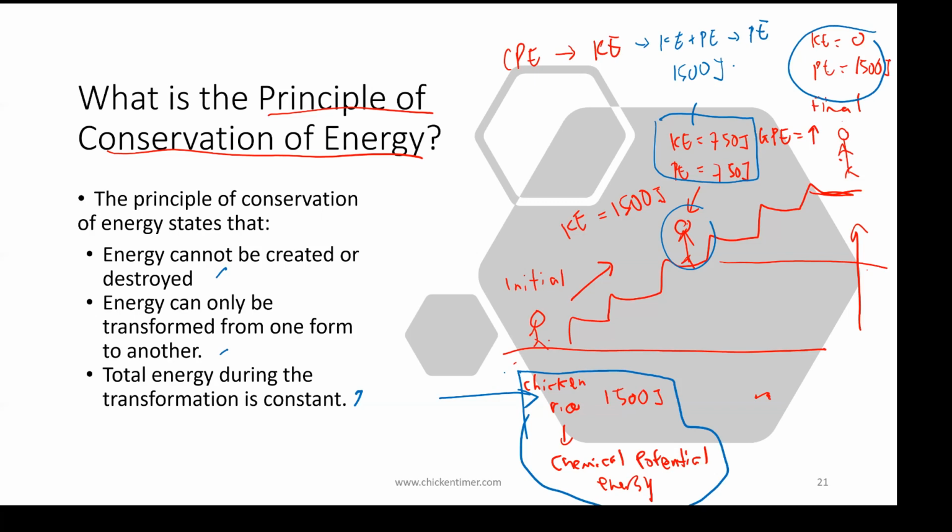I'm asking you, where did the chemical potential energy in the chicken rice come from? Come from the chicken. Then where did the energy from the chicken come from?